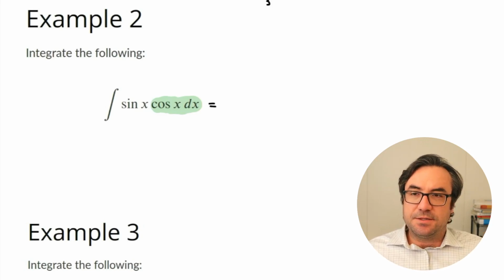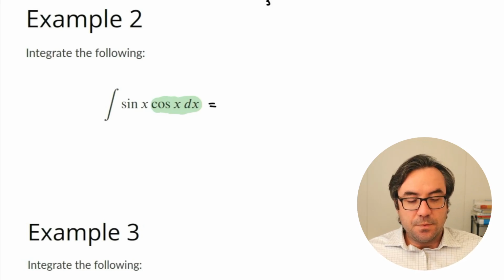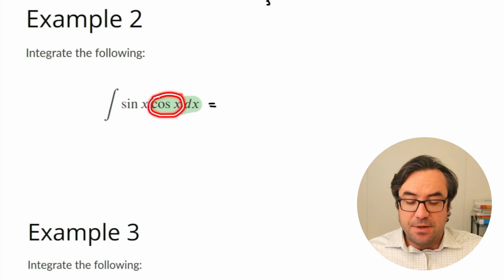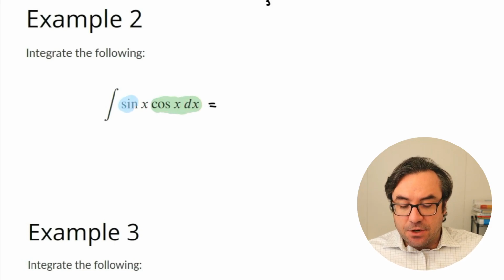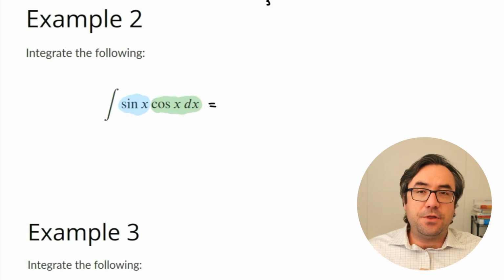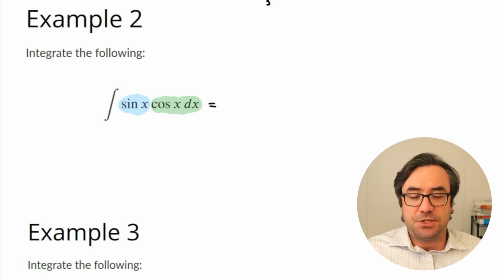So when we look at the cosine x dx, there is only one copy, so we're just peeling it off and putting it right next to the differential dx where it is. And for all the other terms in our integral, we need to make sure they're all the opposite trig function.